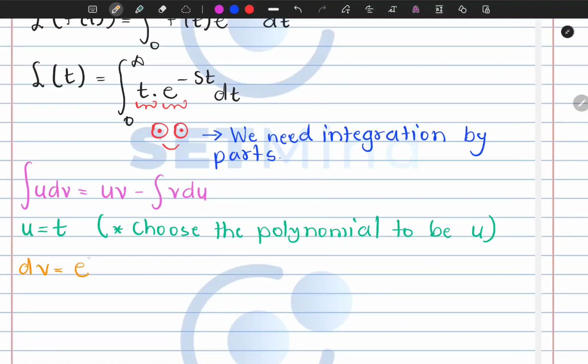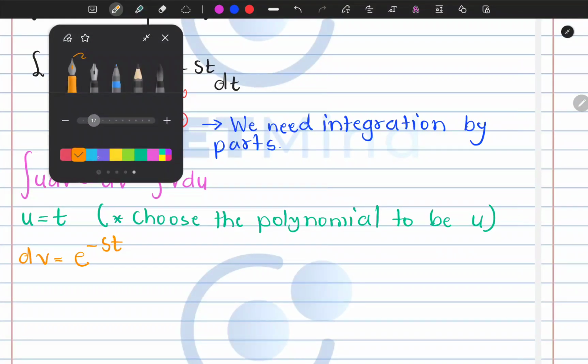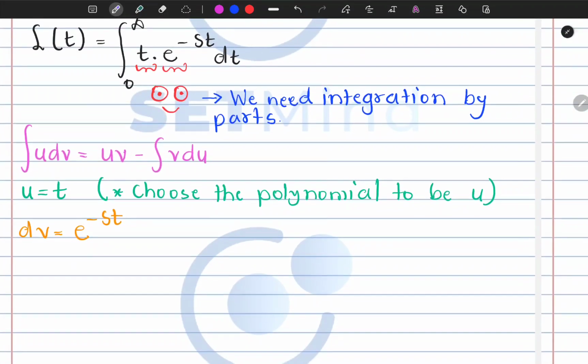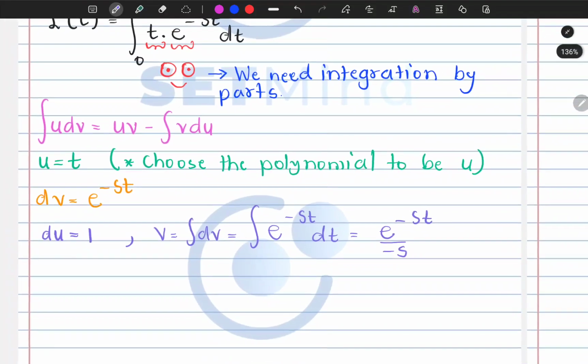So which means our dv is e to the negative st. As you can see, our formula will need u, but it will also need du. So if I quickly find du, you will see that it is 1. But if I find v, which is just the integral of dv, which in this case is the integral of e to the negative st dt, that will simply be e to the negative st divided by negative s.